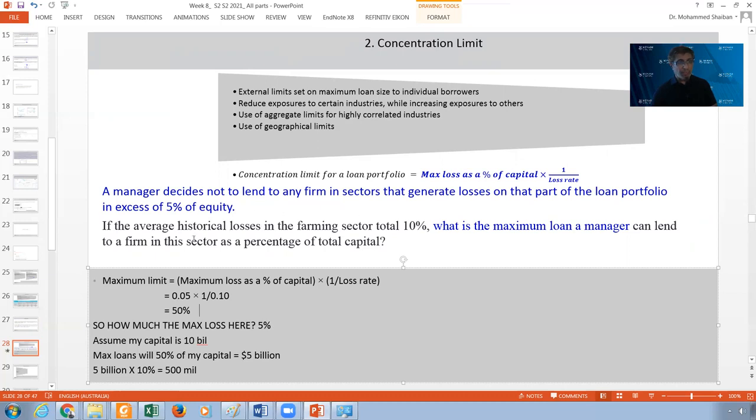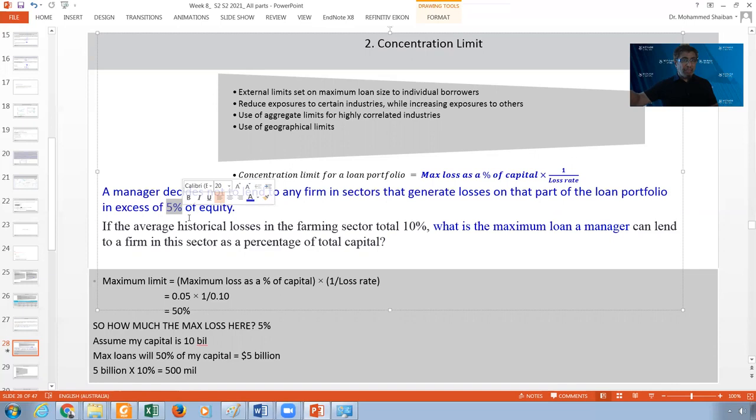If the maximum capital that I can lose is 5%, and say I have 100 billion assets and my capital is 10 billion, my tolerance if I invest in the aviation industry, like AirAsia, Malaysian Airlines, or any other country, is 5% of that 10 billion capital, which comes to 500 million. For example, this is the worst situation.